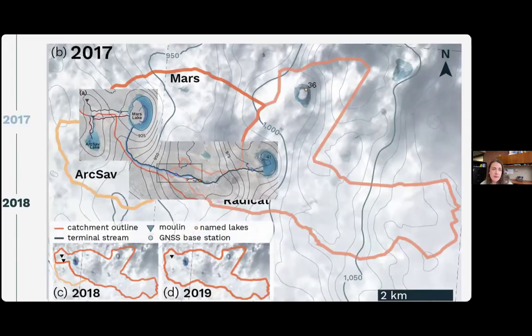So instead of draining back into Radical Moulin, the Radical River that was draining into Radical Moulin and draining the basin instead breached the topographic divide separating it from Mars Lake, drained into Mars Lake, and then Mars Lake, instead of draining back into the same moulin, breached another point on the drainage divide and flowed into a new moulin. So these two catchments coalesced, creating a very large catchment that was over 28 square kilometers.